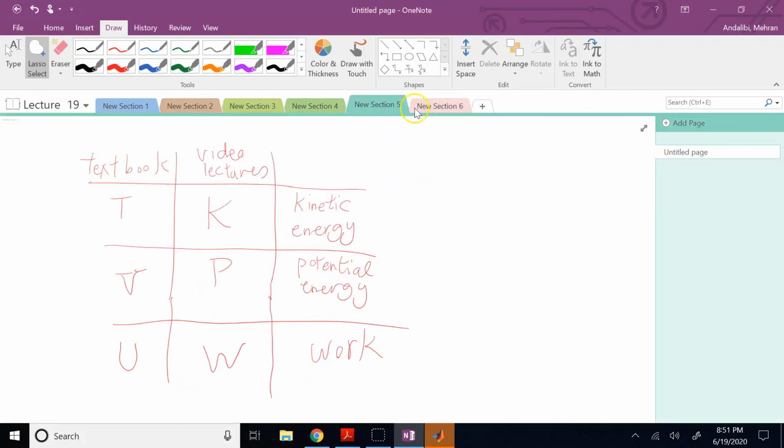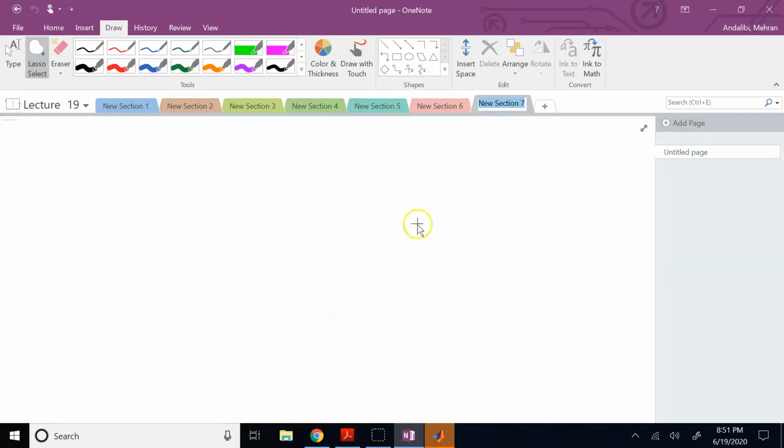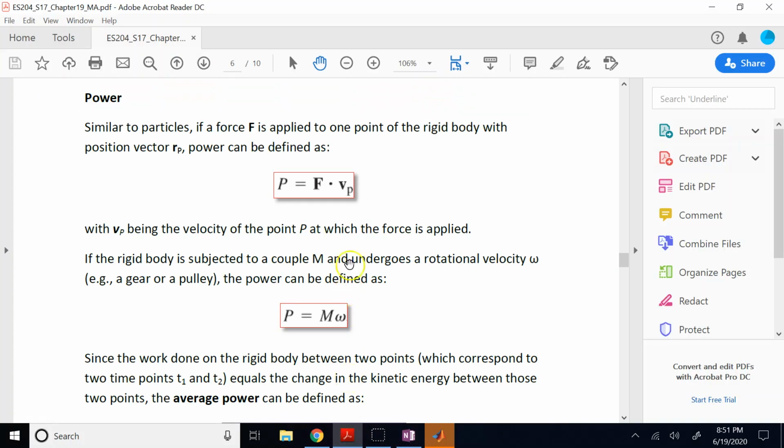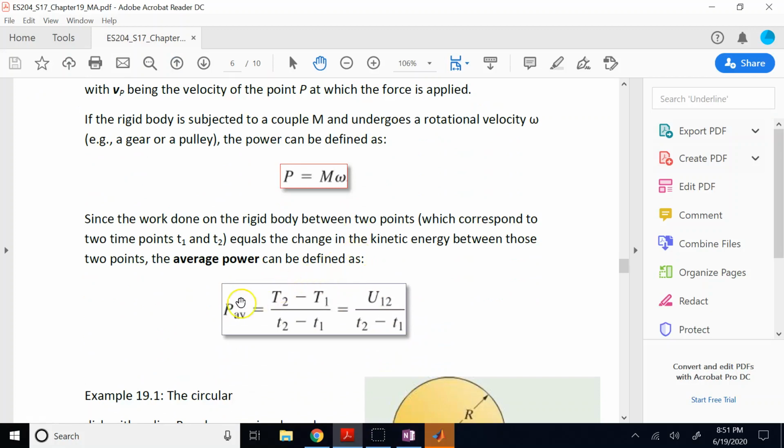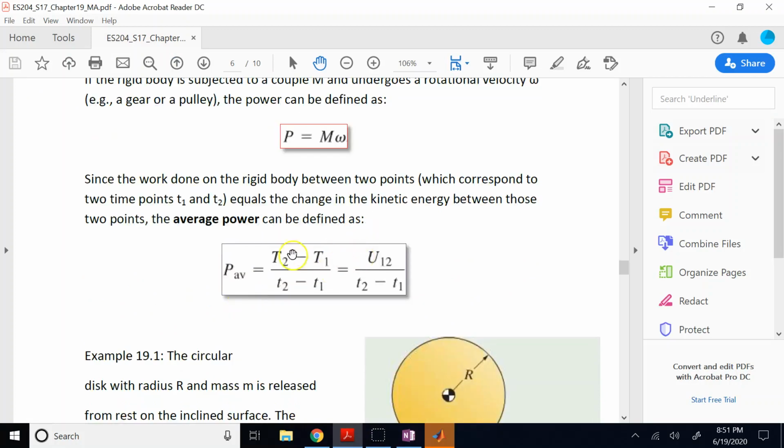Okay, so these two would be some good slides for your course. Good, so we have defined everything. Then P average is still the same definition. It is the work divided by the time.